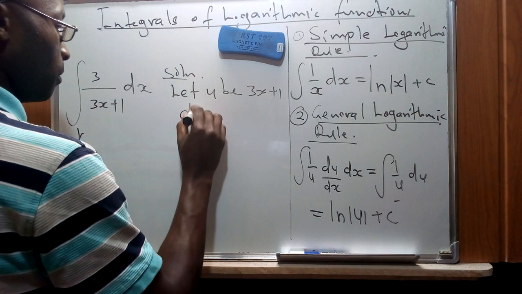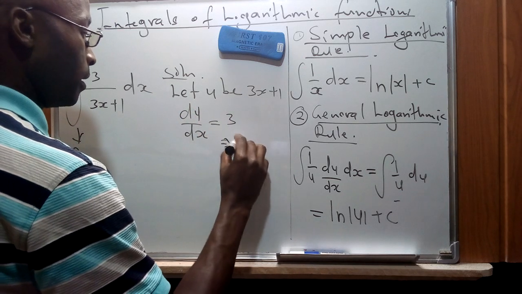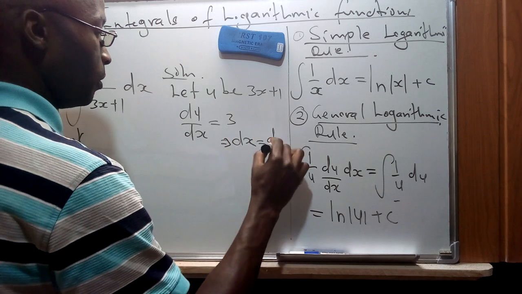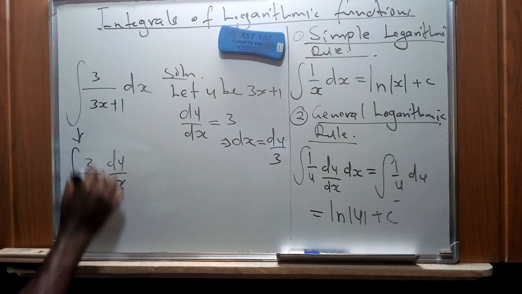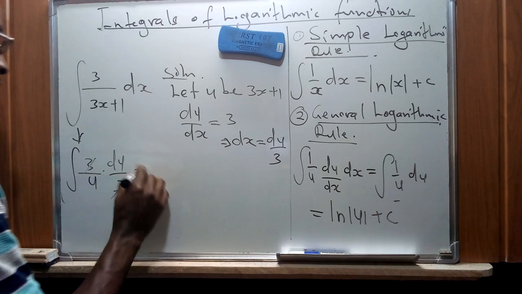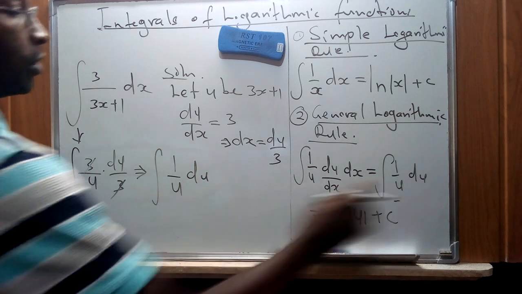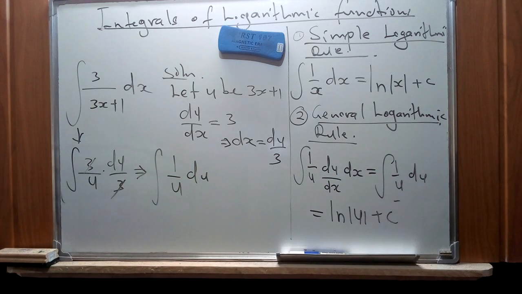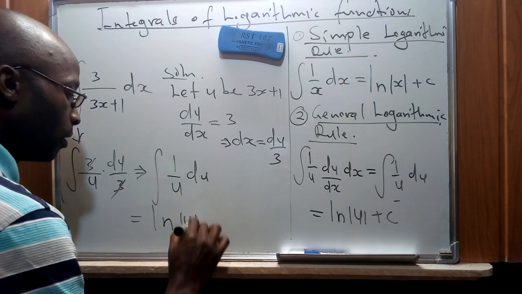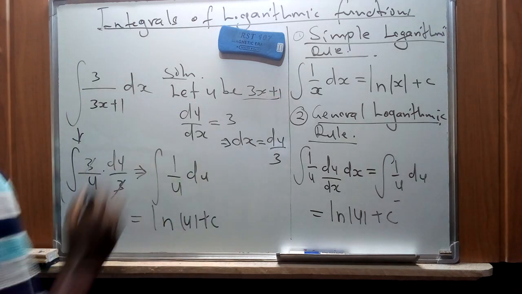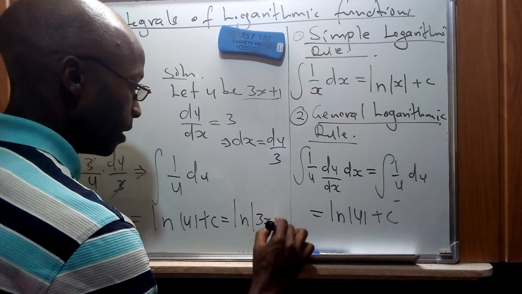We can find dx from this: du over dx is the same as 3, so dx is equal to du over 3. Doing a substitution, this becomes the integral of 1 over u du, which exploits the general logarithmic rule. Then we have the natural log of u plus c. Replacing u, the answer will be the natural log of 3x plus 1 plus c.